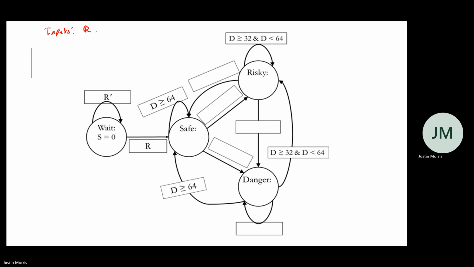R, D. How many bits is D? It needs to go up to 64, so I only need 6. Okay. But 7 is more than enough. If you put 7, that's fine too. Minimum is 6, so let's just put 6.